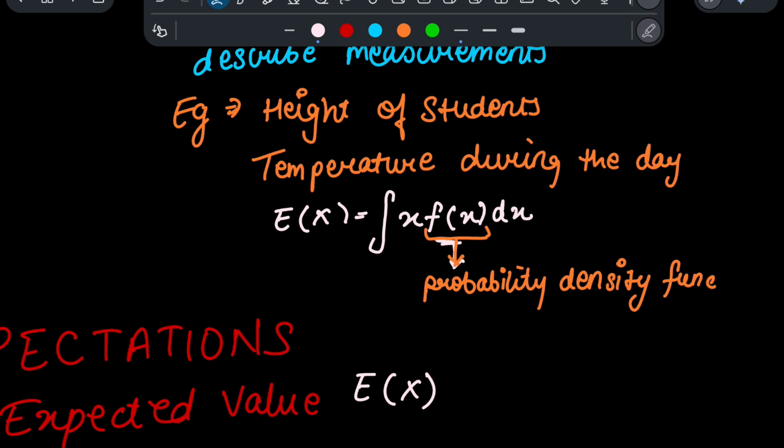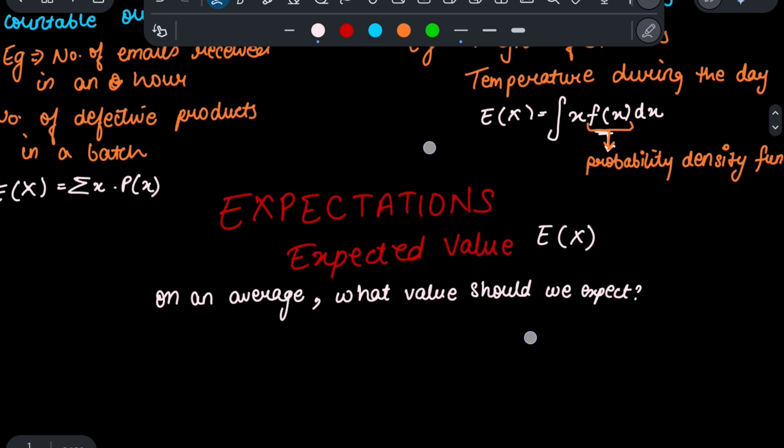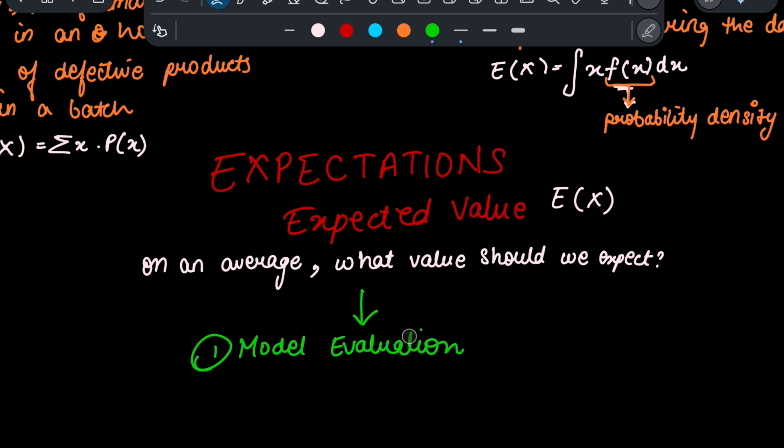Let's further study the intuition of all this and how it is important for data science. Where is the expected value widely used? First, in model evaluation and for calculating the average loss.